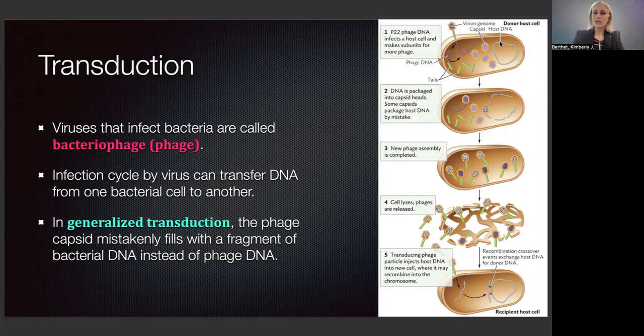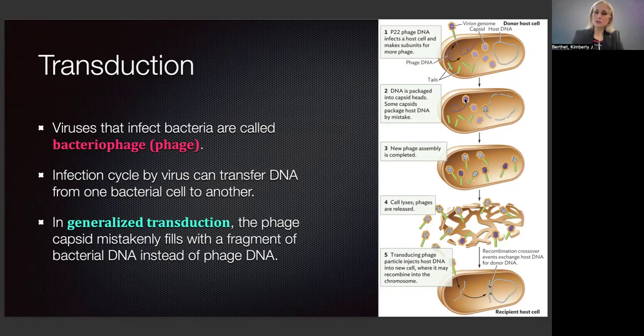Over here, we have the host DNA. So host DNA and viral DNA are held separate at this point. And what happens within the cell is that we start harnessing the machinery within the bacterial cell to start fabricating new viruses, as the goal of the virus is to reproduce.